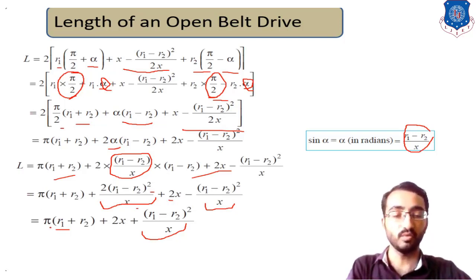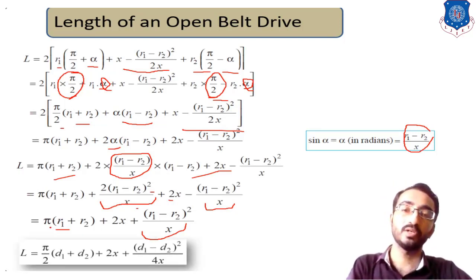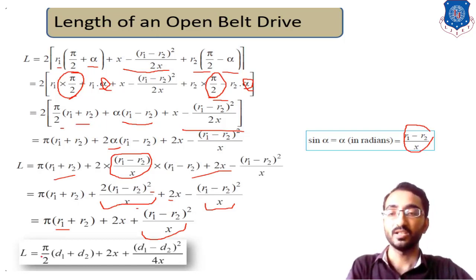Now in this equation let's consider if you want to derive this equation in terms of diameter. So the length of arc is equal to pi by 2. Here r1 can be replaced with d1 by 2, and again d2 by 2, so 2 can be taken as common. Over here the square will become 4 times.